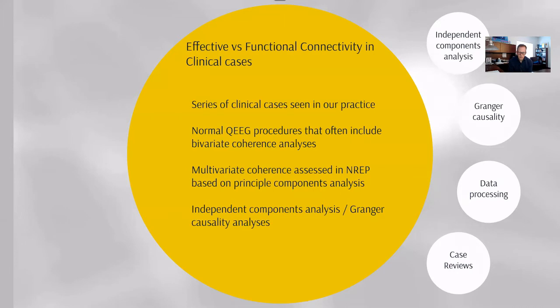They also included multivariate coherence analyses utilizing the NeuroRep software, which is based on a principal components analysis. And in all of these cases, we've also applied independent components analysis and Granger Causality analyses, which, as we've talked about, is our measure of effective connectivity.